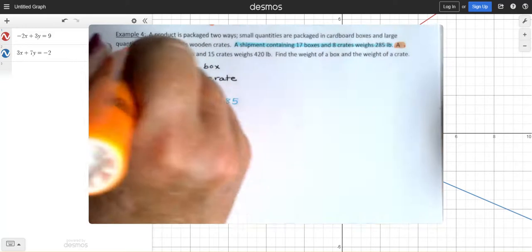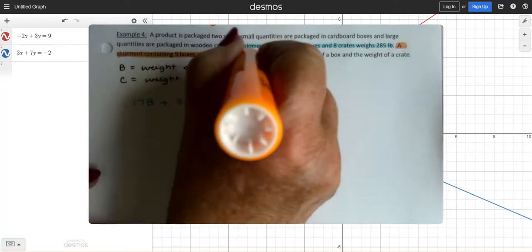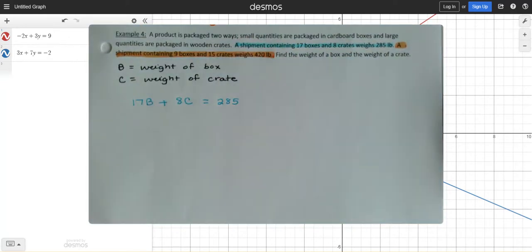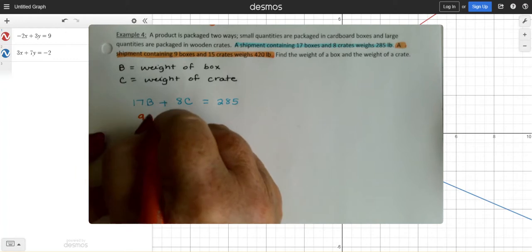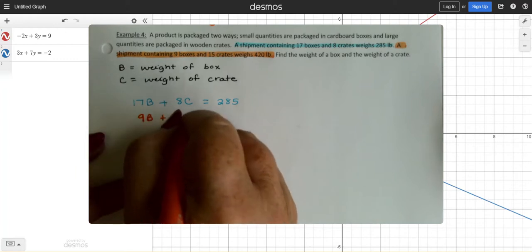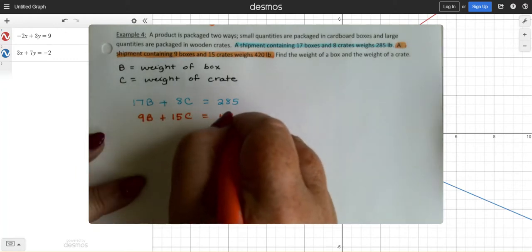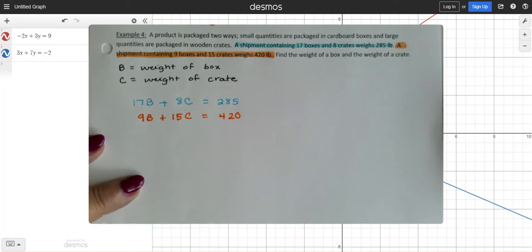Go ahead and try to set up a similar equation for this next sentence. You should end up with 9B plus 15C equals 420.